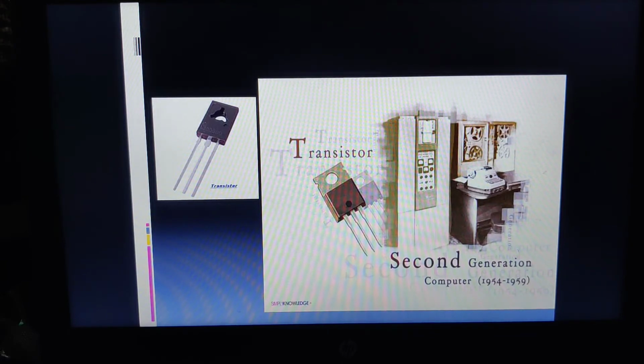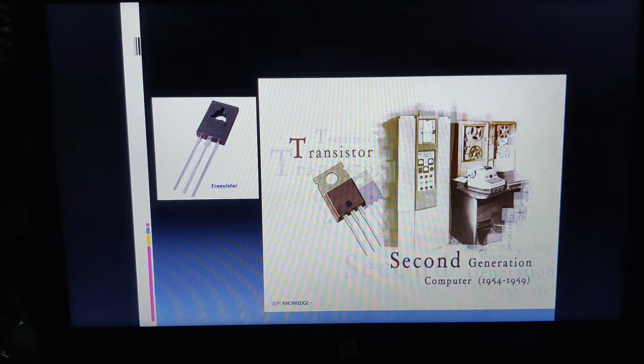The second generation computers were much faster, smaller, cheaper and more reliable comparatively to the first generation computers. During this generation, high level languages were being developed, like early versions of COBOL and Fortran. COBOL stands for Common Business Oriented Language, and Fortran stands for Formula Translator.